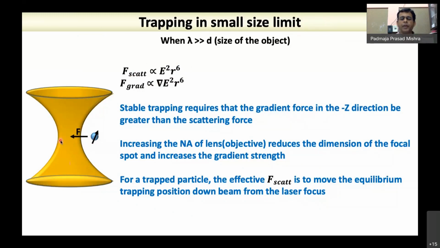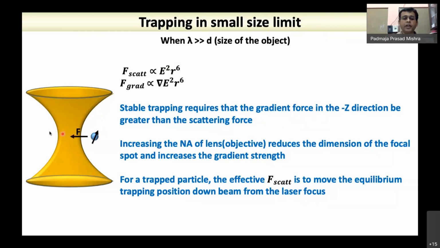If there is a balance between the scattering force and the gradient force, the object will be exactly trapped. So for an object to be trapped at the center, usually the gradient force has to be higher, or there has to be a balance between the scattering force and the gradient force.